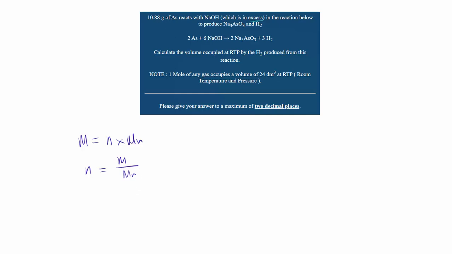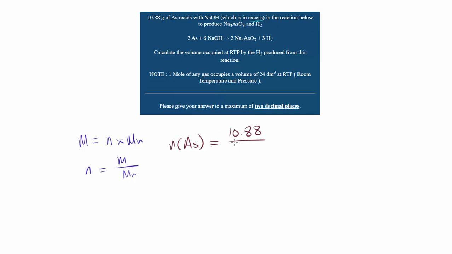So we have the mass. Let's focus it, because this is specifically the number of moles of a specific species. So the number of moles of arsenic is going to be equal to 10.88, which is the mass, divided by the molar mass.